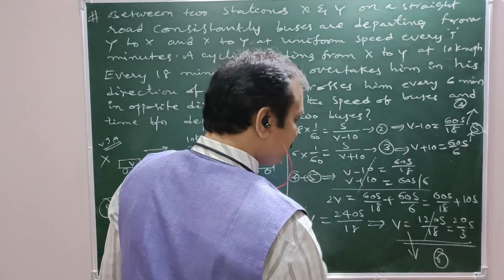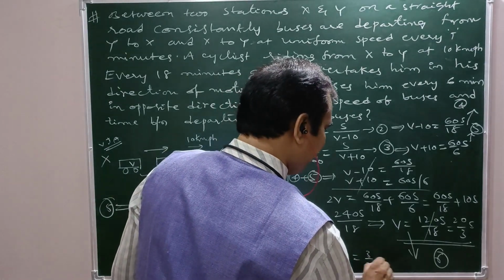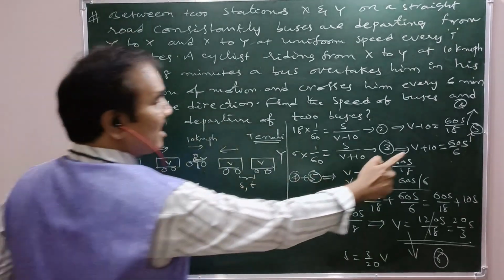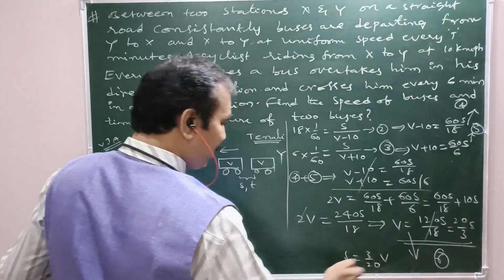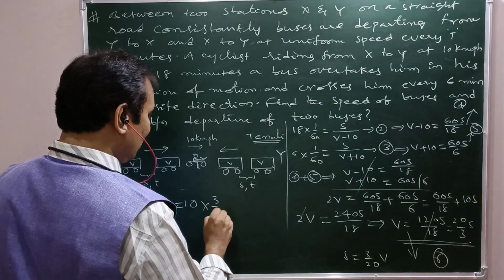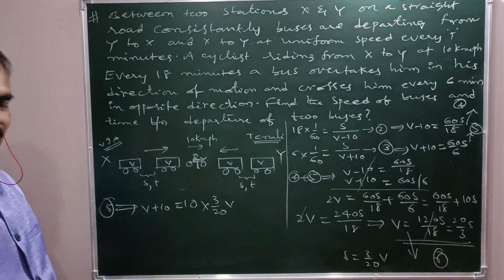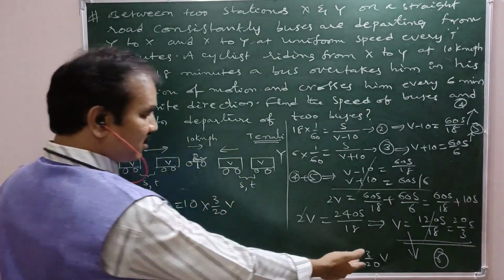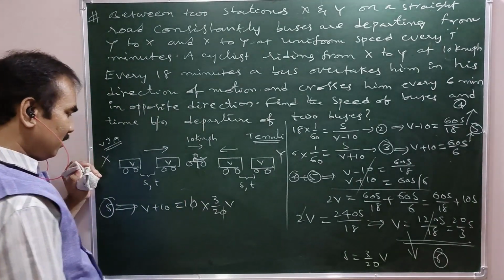So from 6, S equals 3 by 20 V. Substitute this one: V plus 10 equals 10 into S, and S means 3 by 20 V. The zeros cancel here.